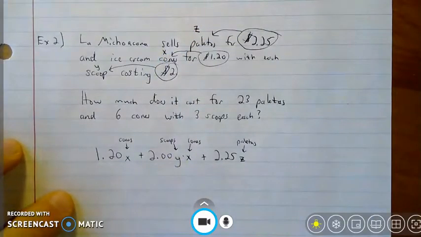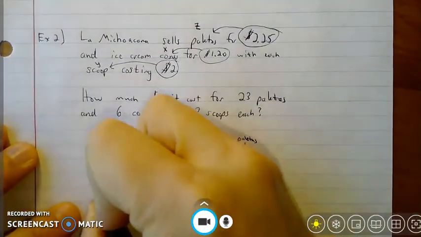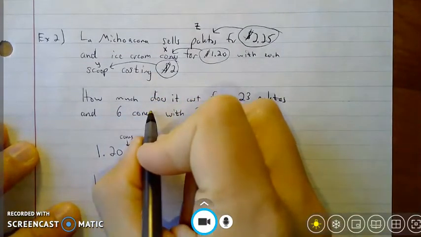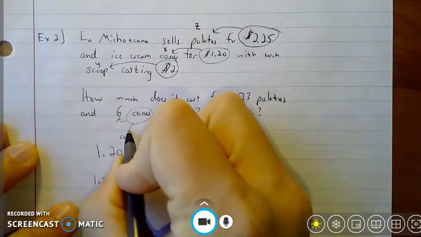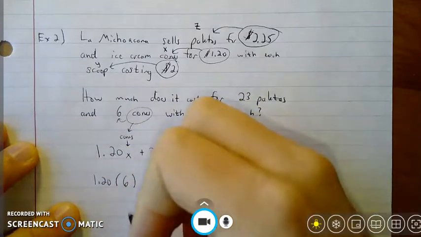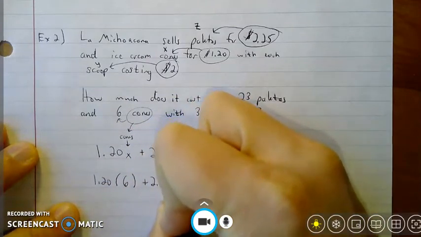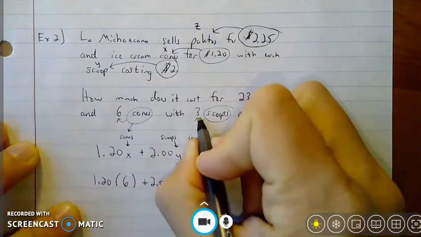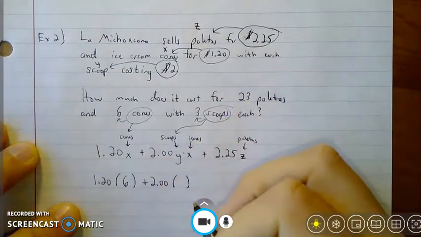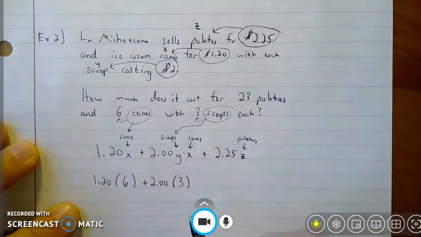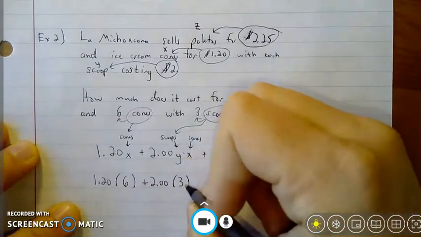So we can go ahead and start filling in our information here. So $1.20. How many cones do we have? We've got 6. So 6 is going to go in place of x, plus 2. Y is the number of scoops. So if we have 3 scoops, the 3 for scoops is going in place of y. We have x again.